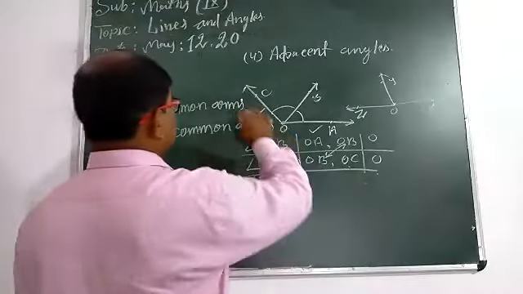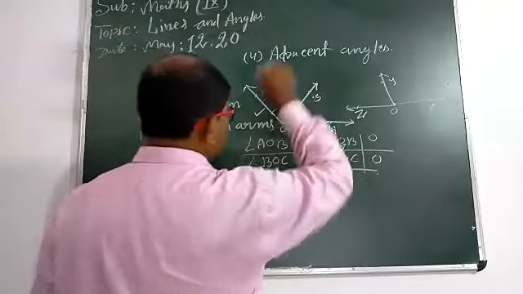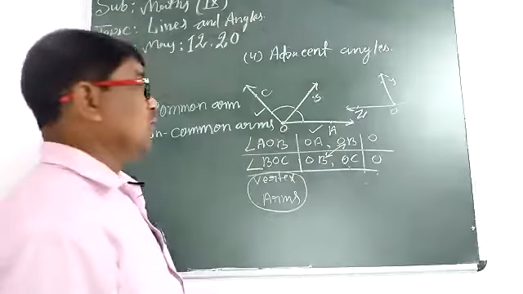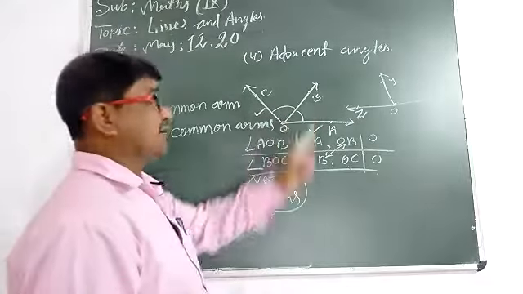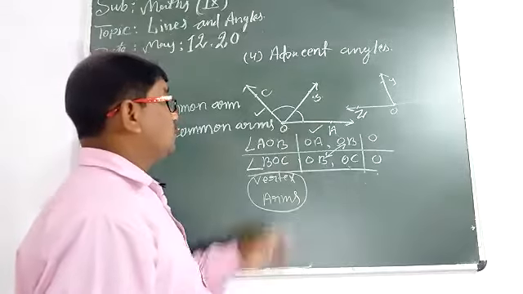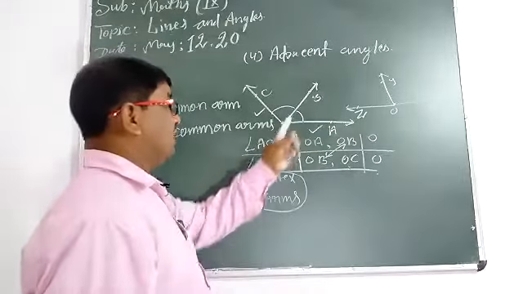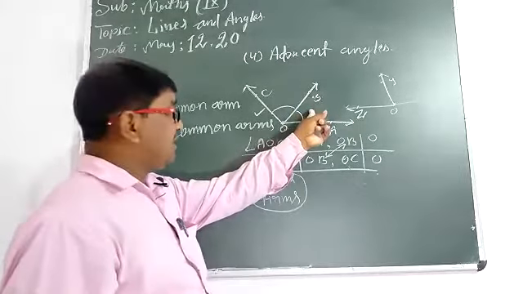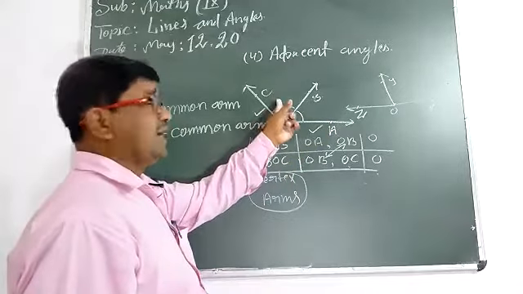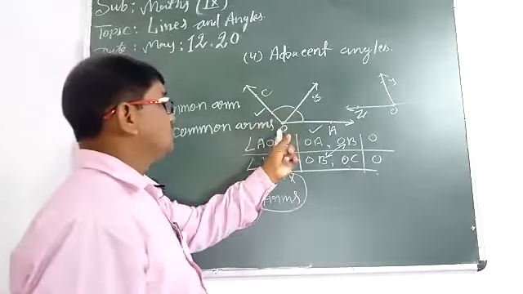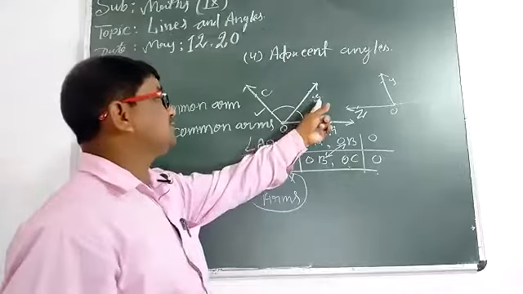Common arm: OB is common. Why common? Because in these two angles, OB is the arm of the first angle, check my finger, and OB is the arm of the second angle. So that is the common arm.